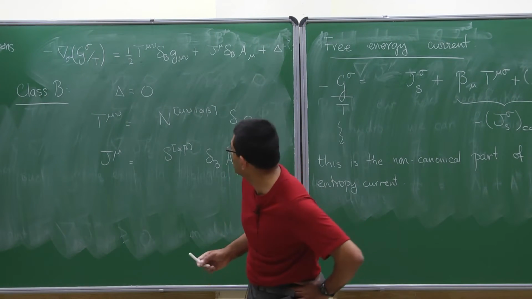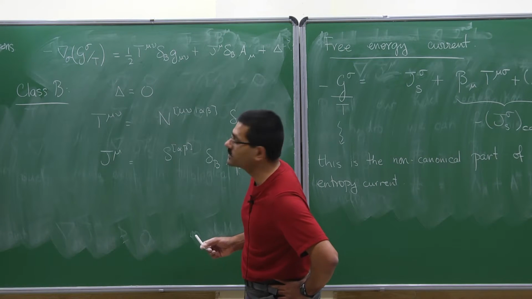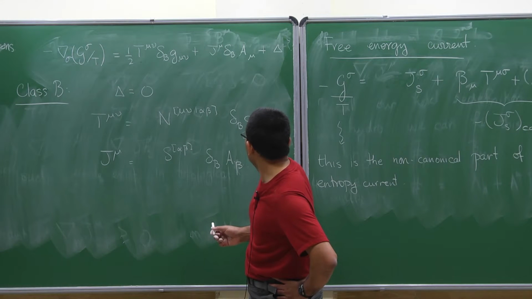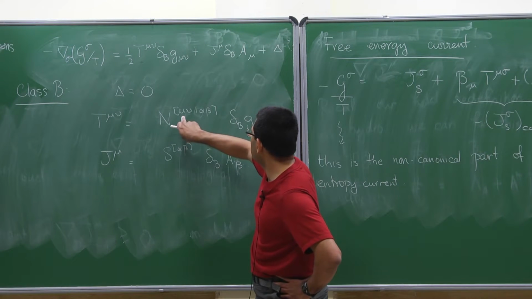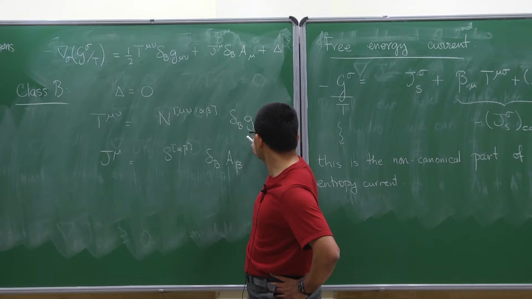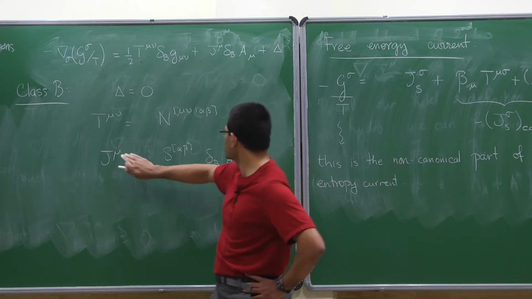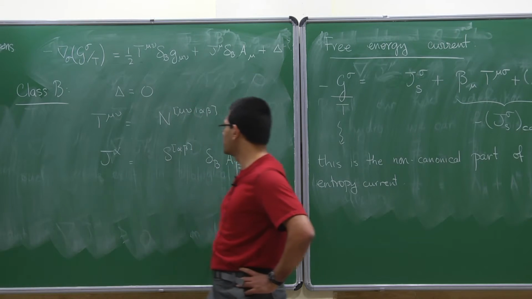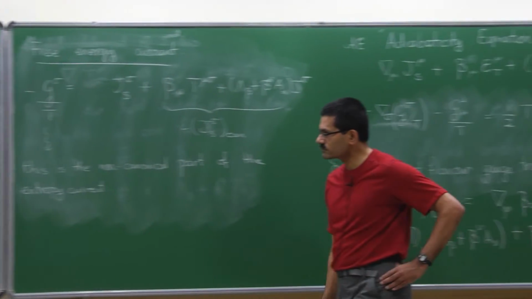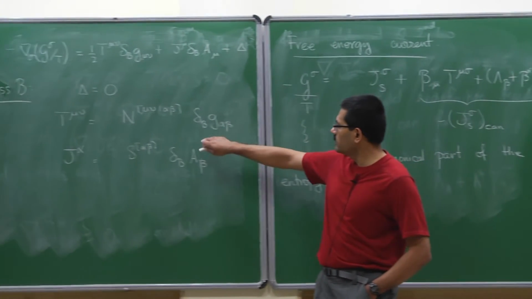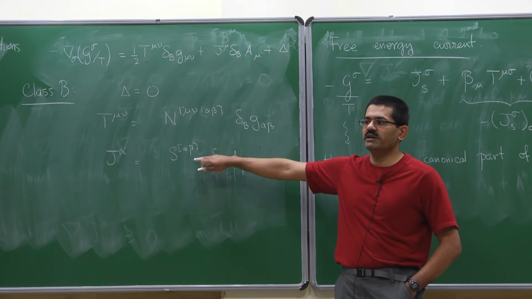No, it's n alpha. It's a minor point. Oh, sorry, this is alpha. See, S is an antisymmetric object.